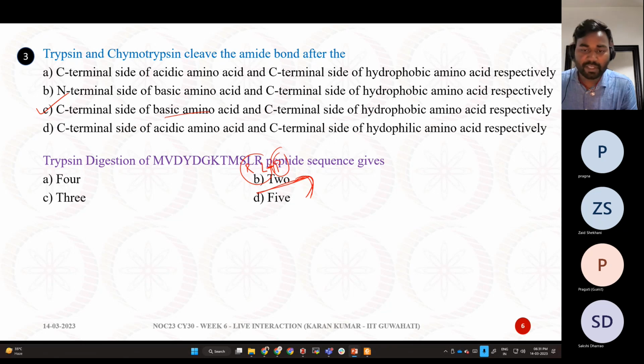Because its pK value lies in the range of physiological pH that we discussed in great detail in earlier lectures. Because of that, you will find histidine in the active site of most enzymes.